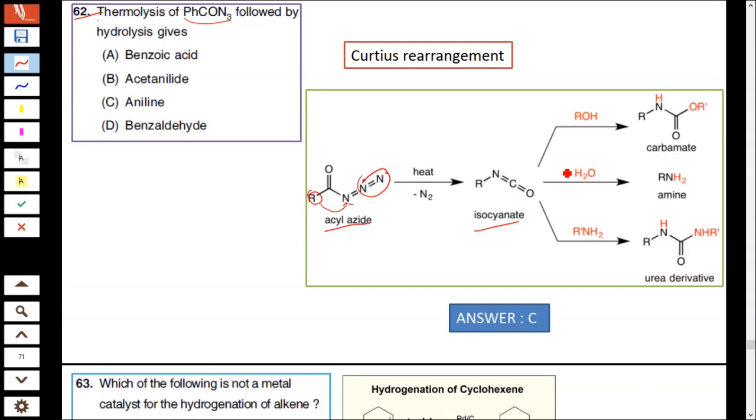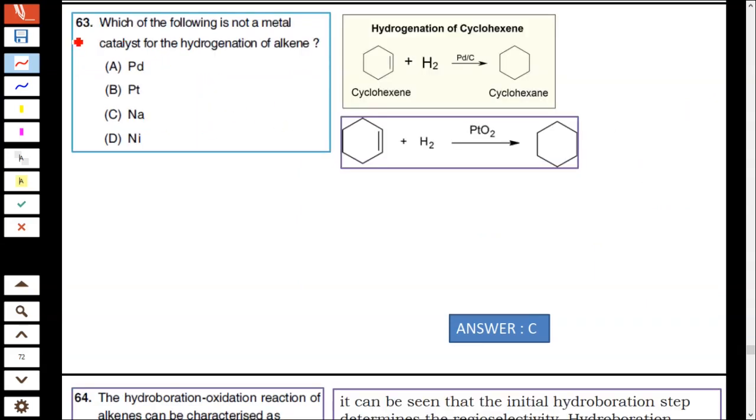This isocyanate intermediate on hydrolysis gives a primary amine. Here R is Ph, hence it is aniline. Option C is correct.